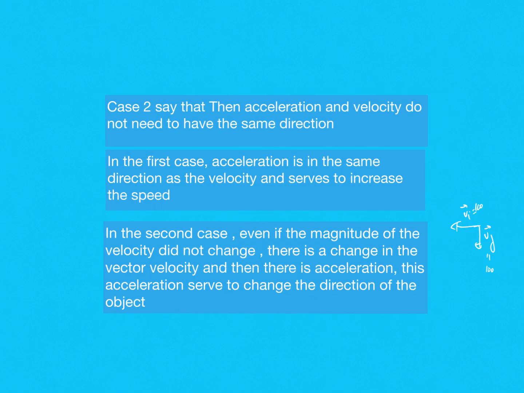Even in this situation, there is a change. And the change in velocity is from the initial to the final. This is the change in velocity. And in this case, there is acceleration. So whenever an object changes its velocity, there is an acceleration.